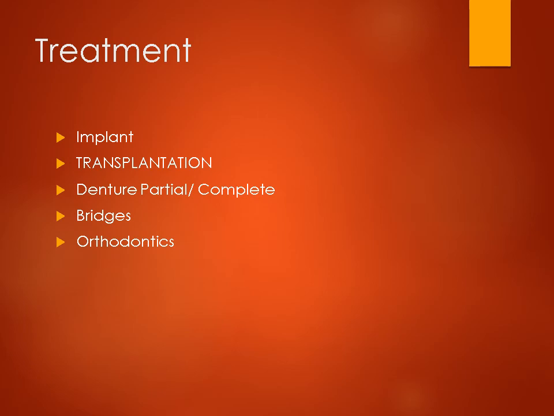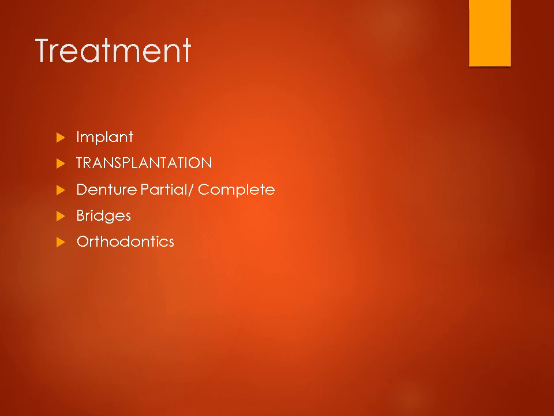Sometimes we can make bridges. And in orthodontic cases, if those teeth are not required because of a discrepancy in the space available, the orthodontist may recommend that the patient undergo brace therapy, using braces to align the teeth and close those spaces.